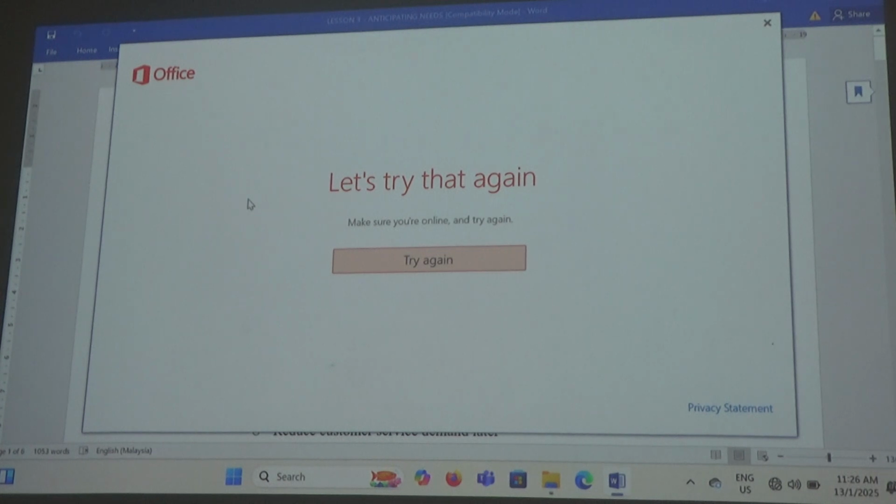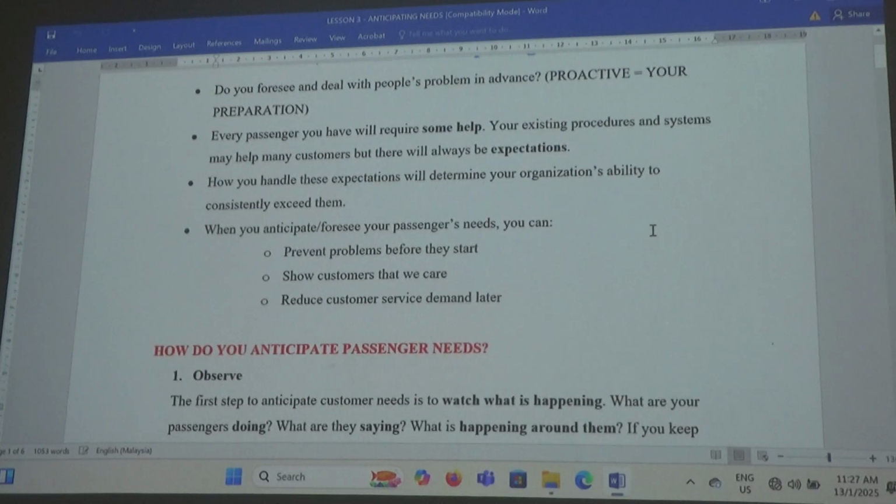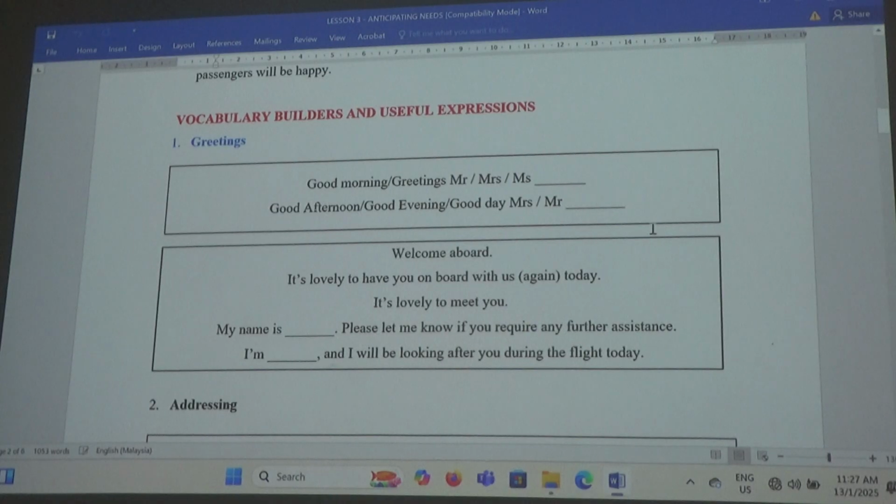Alright, so let's check this section now. Very important section, because this is now from learning, coming and dealing with people, dealing with passengers. It's not easy. I was actually watching a very interesting video of the life of a cabin crew. Do you watch videos like that? The life of a cabin crew, that kind of thing. Yeah, you must watch. You learn better. Then you can upgrade yourself to reach their level. Maybe if we have time, we'll watch 1 video today. Alright, let's check this now. We are going into how to talk to people.